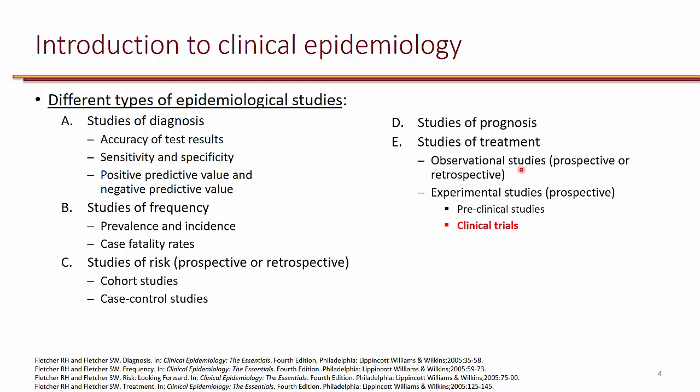So observational studies, just like those studies of risk, can be prospective or retrospective. However, experimental studies are usually prospective in nature. And of course, the focus of this topic is clinical trials, so we will focus mostly on clinical trials. There are also studies of prevention, for example, when it comes to vaccination. And also there are studies of cost, so pharmacoeconomic studies also become important.